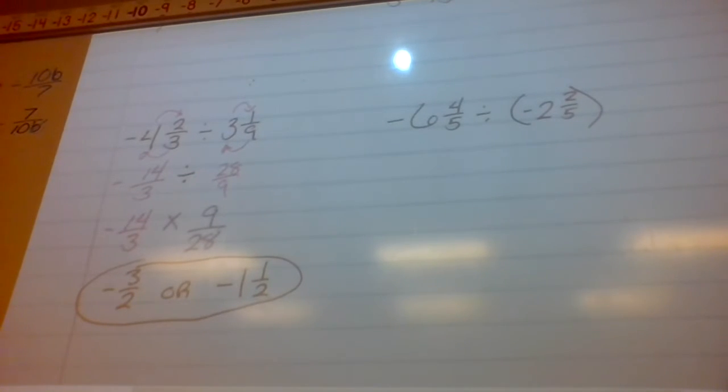So look. Take 34 over 12. And then how many times does 12 go into 34? Plus 2. And then the leftover is 10, divided by 12. What's the negative times negative? Oh, okay.